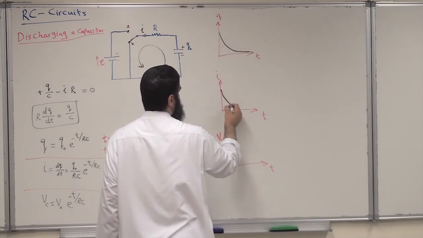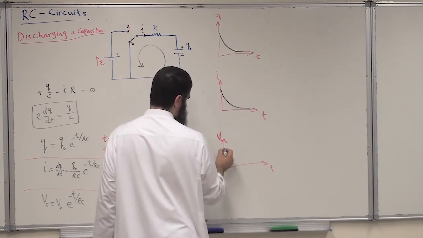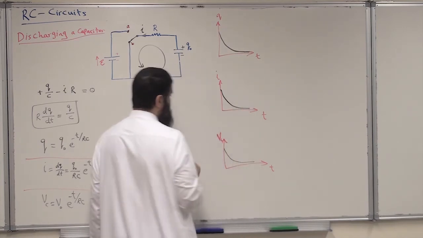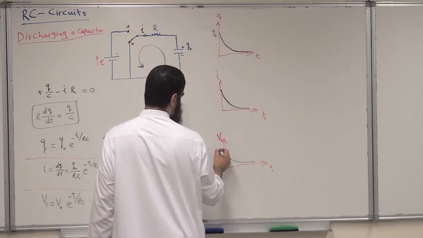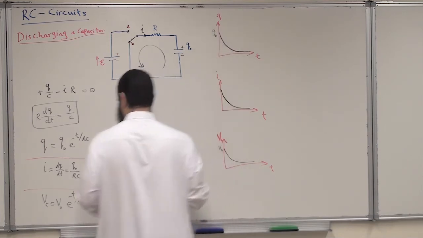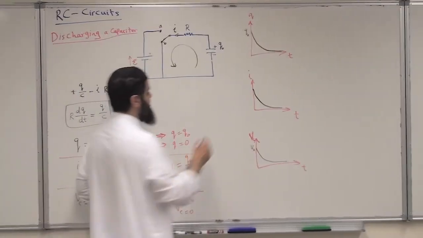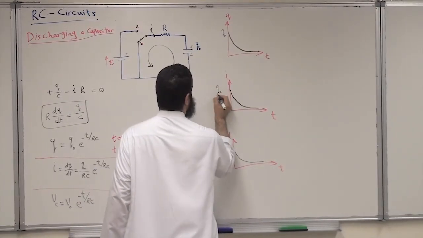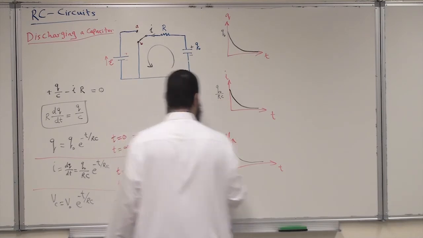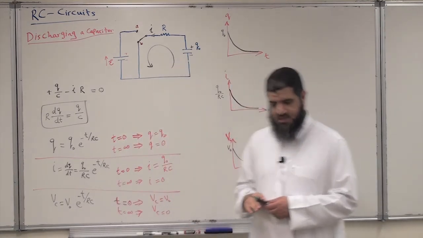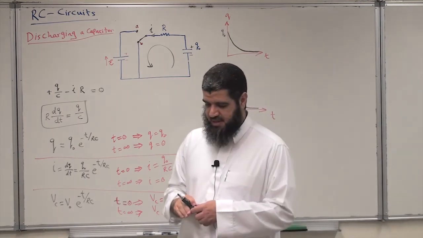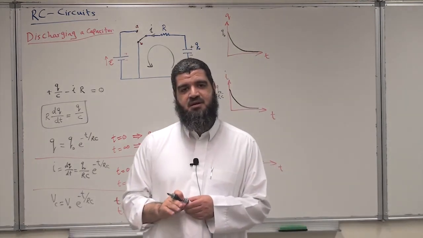We start with a high value of the current. We start with a high value of the electric potential. Here the initial value was Q0. Here the initial value was V0. And here the initial value was Q0 over RC. So with this we close the chapter, and I would like to emphasize something.